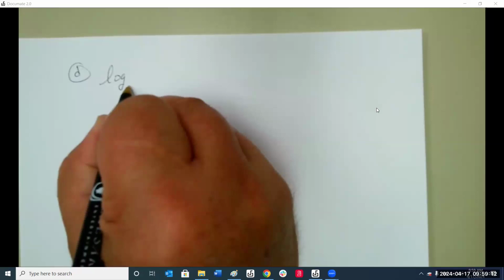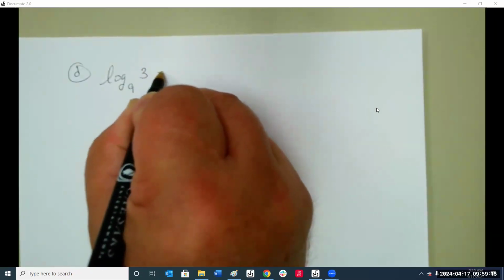Let's look at D. Log base 9 of 3. All right.